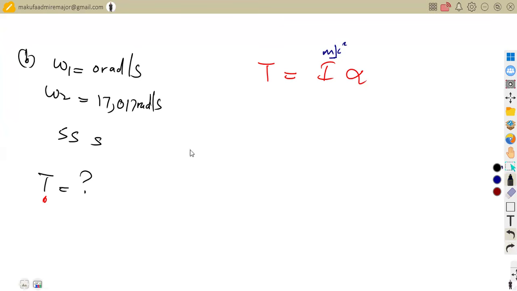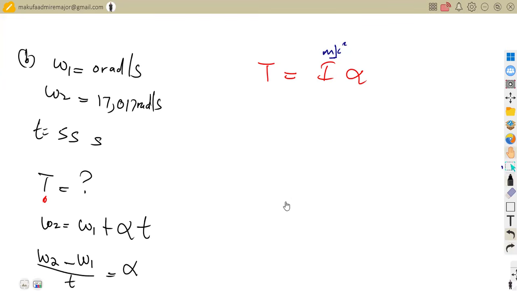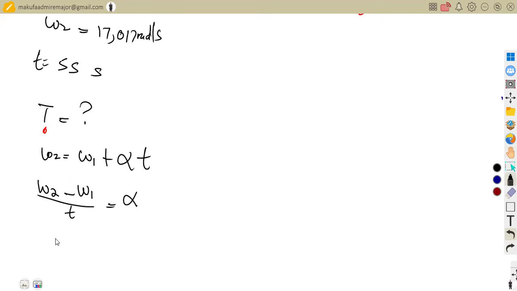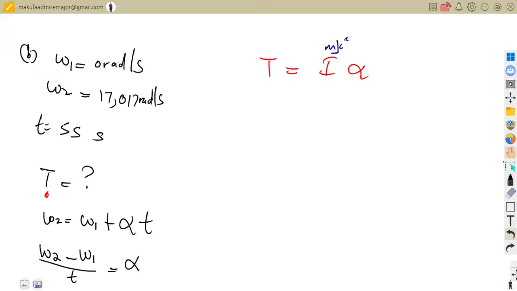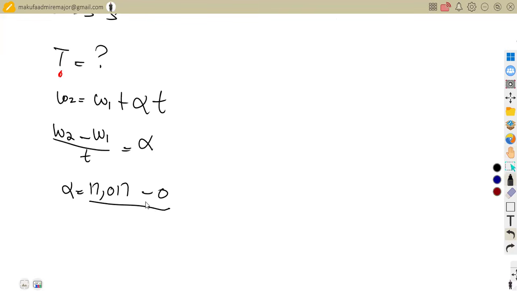From these, how can we calculate our angular acceleration? We are given time and omega. Remember, omega 2 is equal to omega 1 plus alpha t, like v is equal to u plus at. What do we need there? We need alpha. So we transpose: alpha is omega 2 minus omega 1, divided by t. So that's our angular acceleration, which is going to be omega 2, 17.017, minus omega 1, which is from rest so 0, over t.